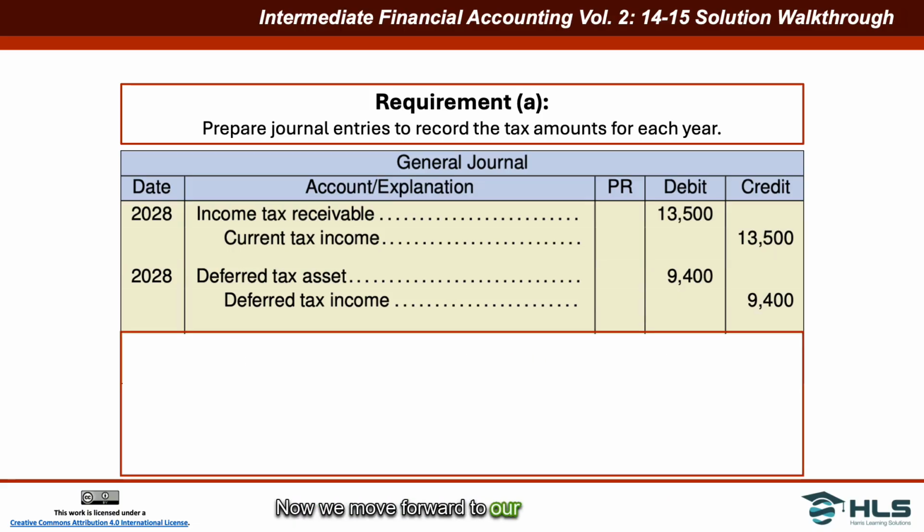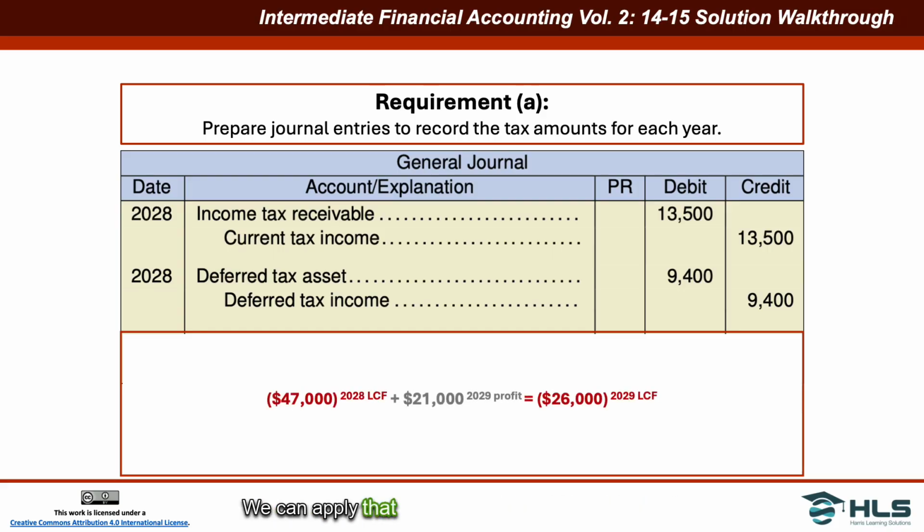Now we move forward to our last year, 2029, where the company realized a $21,000 taxable profit. So we can apply that $21,000 against the $47,000 loss carry forward from the previous year. So that results in a remaining loss carry forward at the end of 2029 of $26,000. That's the $47,000 loss carry forward offset by the $21,000 income or profit in 2029.